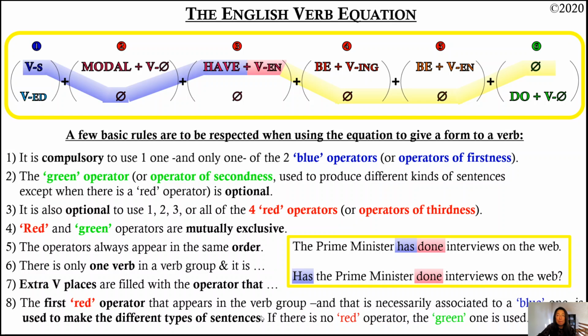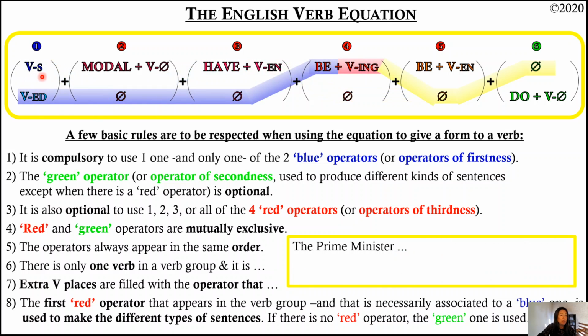Let's give another example with this time not the present tense but the past tense and no modal, no perfect, and let's use be plus V-ing. So not the simple form but the be plus V-ing form, and in this case the Prime Minister, the past tense of be, the Prime Minister was, and the V-ing form of the verb do, the Prime Minister was doing interviews on the web.